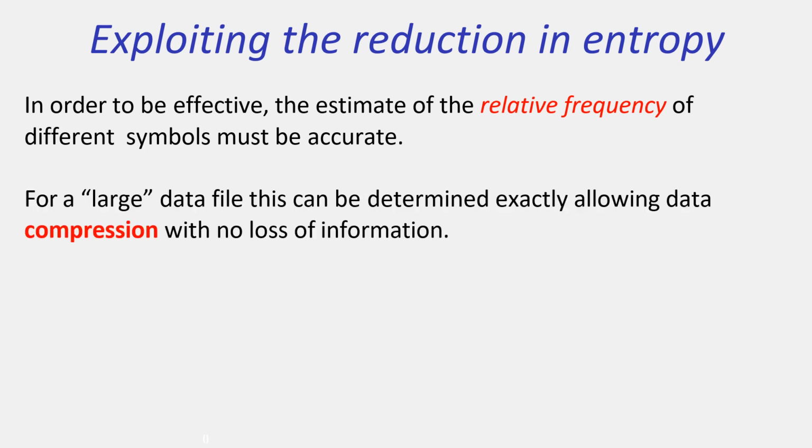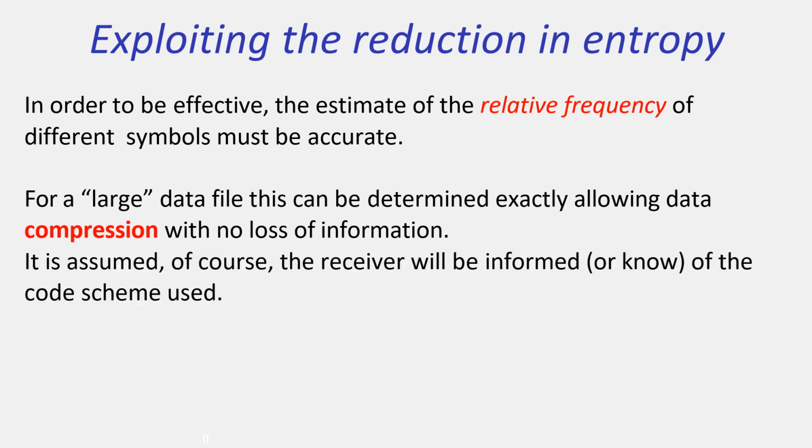If we have a large data file, then it is possible to analyze data compression exactly. We can get the relative frequency information by direct computation before transmitting the data. And we assume, of course, that the receiver will be informed of or will know the encoding scheme that we're using.